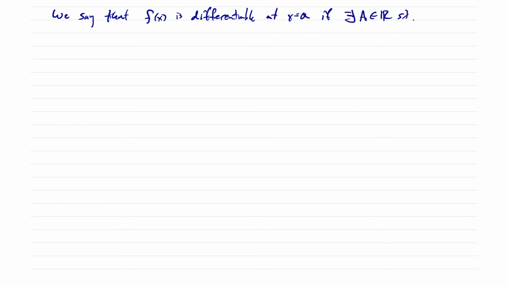So, for instance, we say that f of x is differentiable at x equals a if there exists an a and r such that this quantity f of x minus f of a minus a times h is little o of h as h goes to 0.